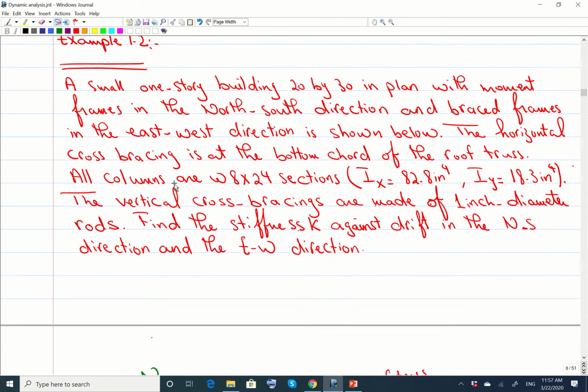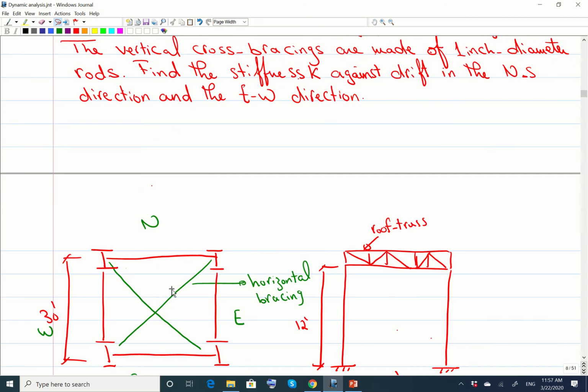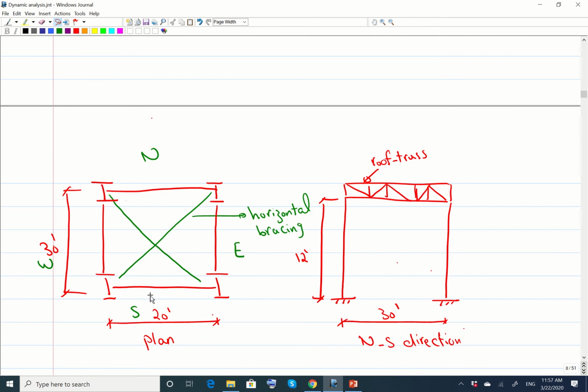So what are we required to do over here? It is to find the stiffness K against drift. So when there is a horizontal force on the floor system, a wind or earthquake loading, how much is the stiffness? Once in the north-south direction, if the force is applied from the south to the north in this direction, how much is the stiffness?